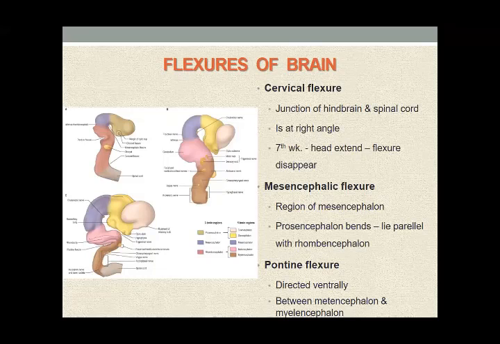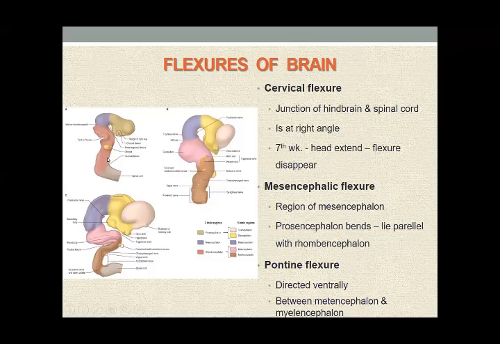One by one, let's do the cervical flexure. Over here, this is the cervical flexure. This is at the junction of the spinal cord and hindbrain, rhombencephalon. This is a 90 degrees flexure.